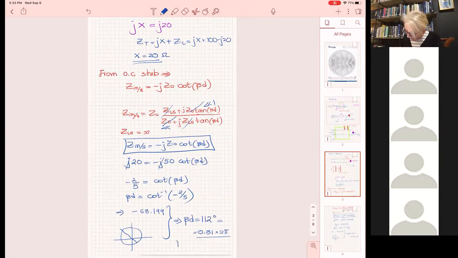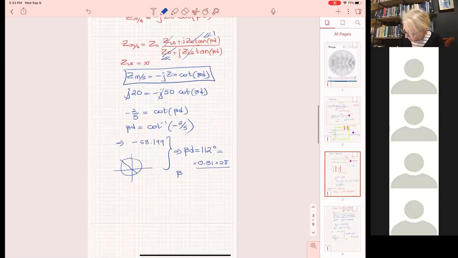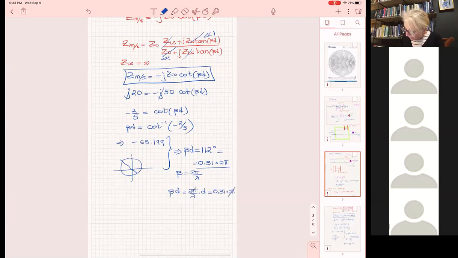And therefore beta, which is 2 pi over lambda, makes beta D equals 2 pi over lambda times D, and that is equal to 0.31 times 2 pi, which makes D to be 0.31 lambda. Did you see how I found the length of the stub?